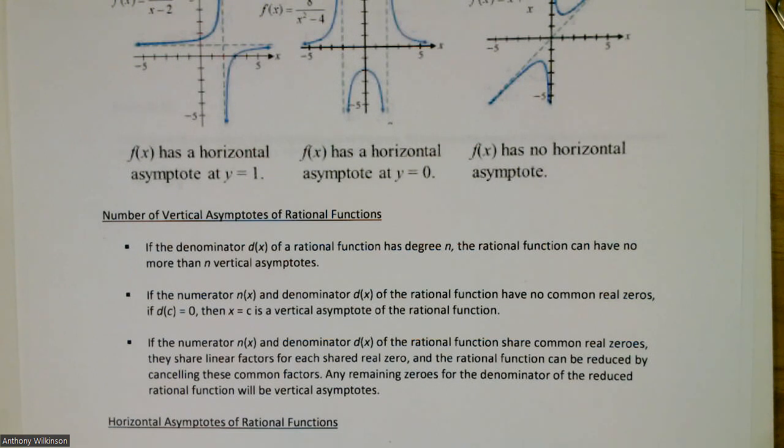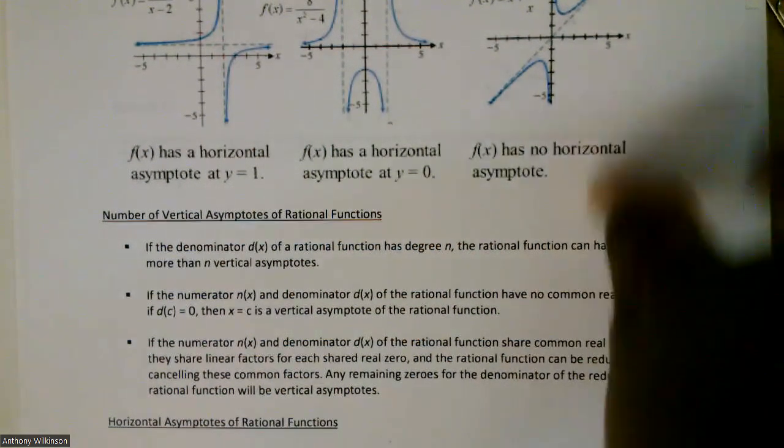Any remaining zeros for the denominator of the reduced rational function will be the vertical asymptotes. So you want to make sure that if your numerator and your denominator have common factors, you divide those out. Then what's left in the denominator, you set equal to 0 and solve for x, and that will tell you what your vertical asymptotes will be.